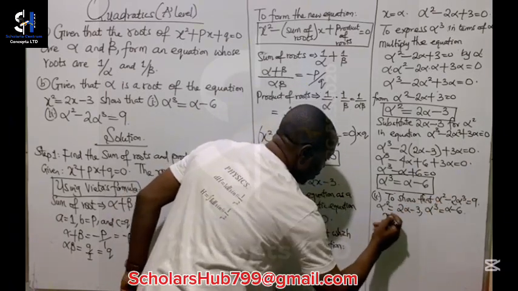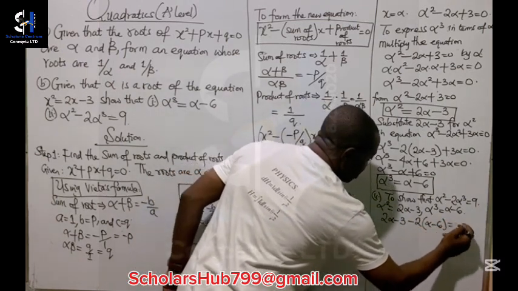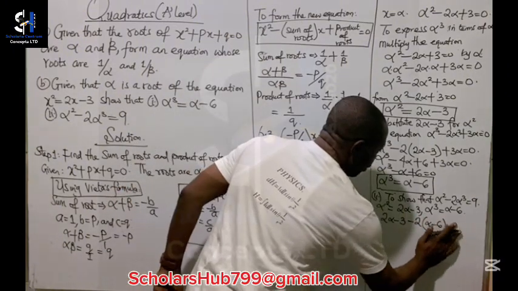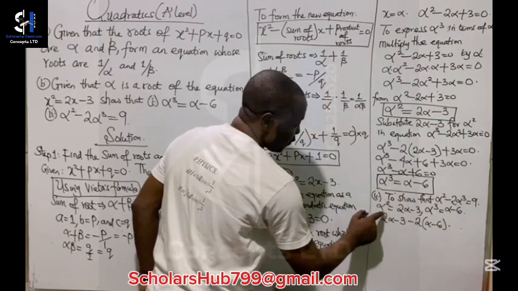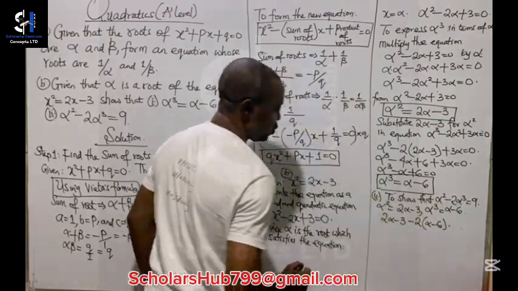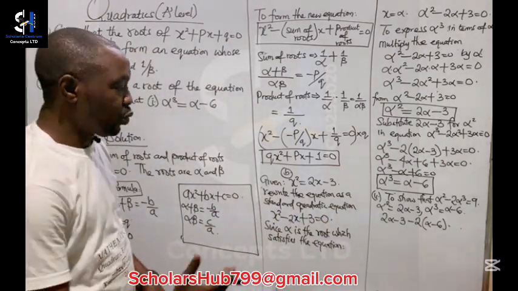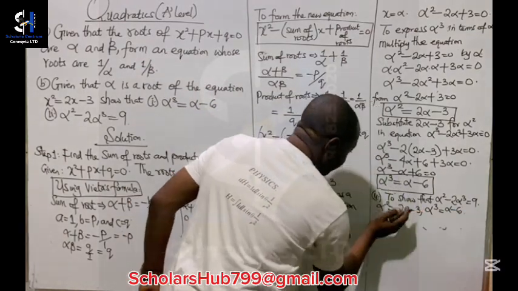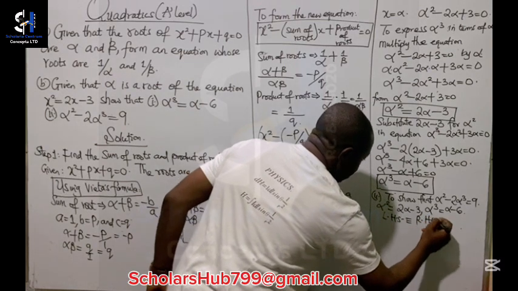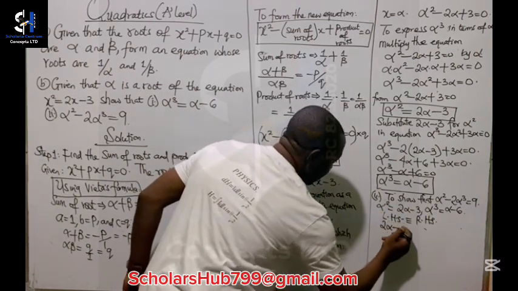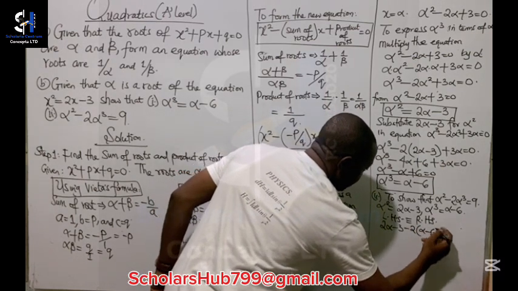So we have 2 alpha minus 3, negative 2 times (alpha minus 6), and we want to show that this equals 9. When we substitute, we make the left hand side equal to the right hand side. So the left hand side is 2 alpha minus 3, negative 2 times (alpha minus 6).